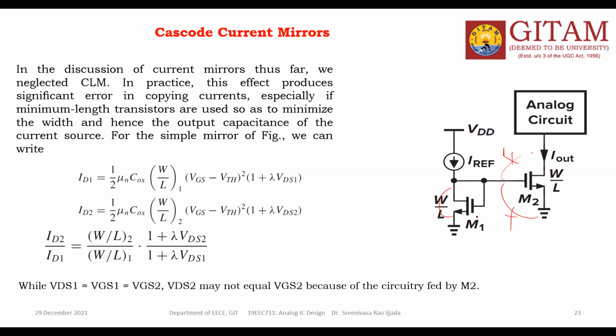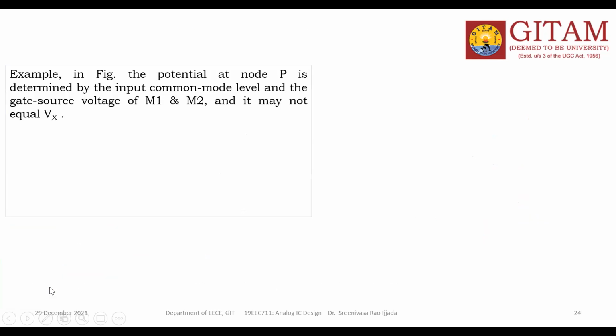This is equal to this is equal to this, but this is not equal to this one. Got my point? VDS2 is not equal to VGS1 or VGS2, but VGS2 is equal to VGS1, and VGS1 is equal to VDS1. Understand?